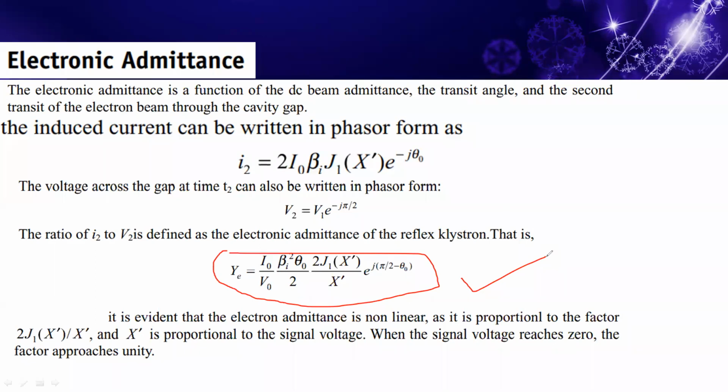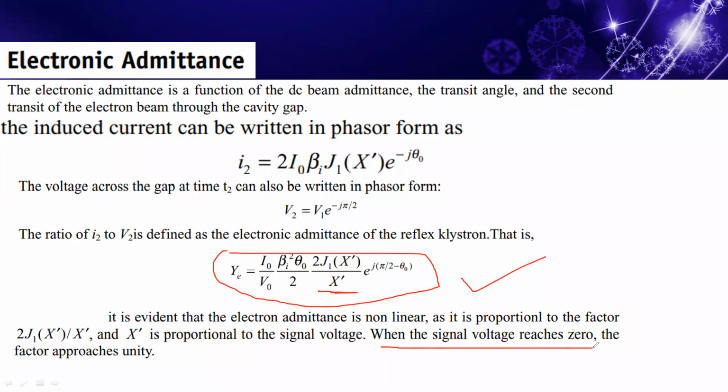From this admittance equation, it is a nonlinear function, and it is also proportional to a factor. What is this factor? 2 J1 of X dash divided by X dash. And what is X dash? X dash is always proportional to the signal voltage.